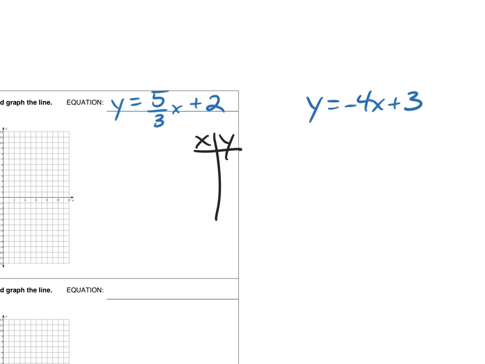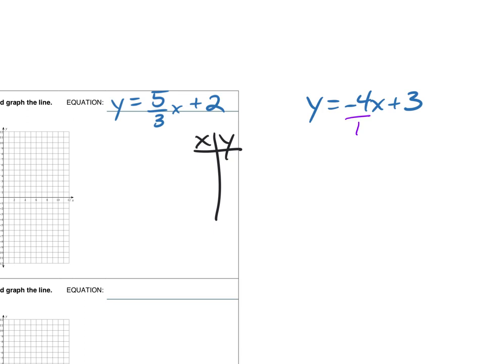So remember in the previous problem we had the equation y equals -4x plus 3. And this was an integer slope, but the denominator in this integer slope is 1. And so when we were picking the numbers to plug in for the x, we were using the denominator of the slope and its opposite.